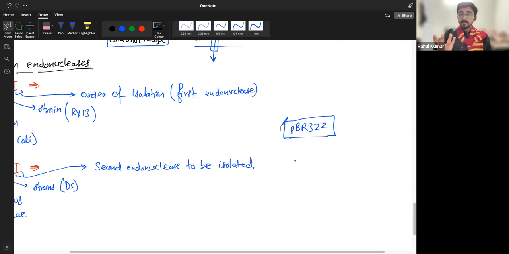Now, depending on your experiment, what restriction enzyme you are using to cut your gene of interest, the important thing is that you should always remember that you have to use the same restriction enzyme to cut the cloning vector as well. And why is that? Why can't I use different enzymes to cut my gene and my vector?